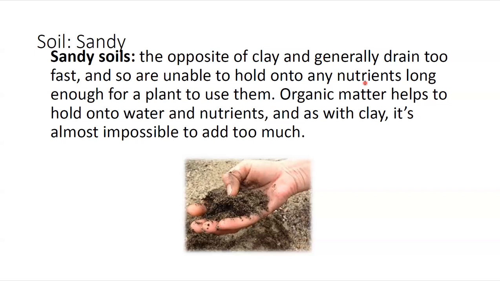It's still problematic because no matter which way you cut it, you're still driving nutrients down below the root zone where the plants need them. Now, how do we correct this? How do we get sandy soil to be able to hold on to more water? Well, add a bunch of organic matter because organic matter holds water.